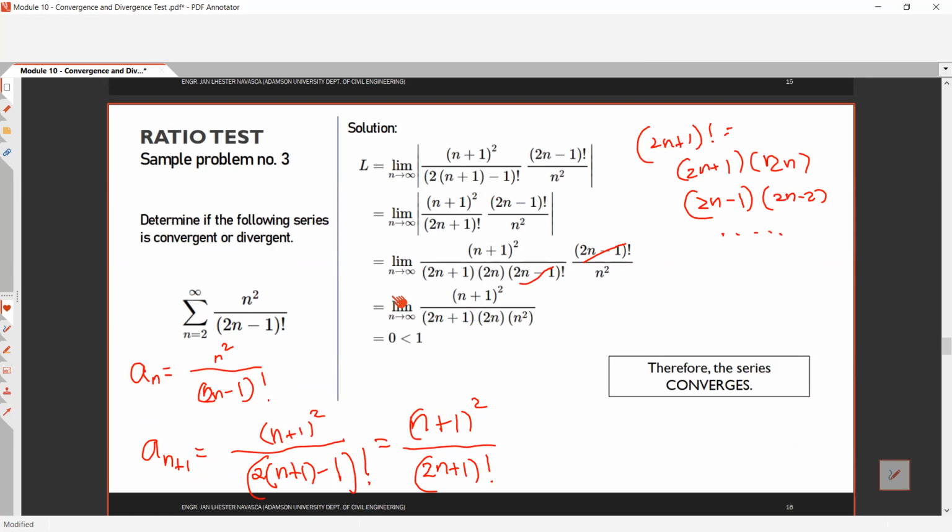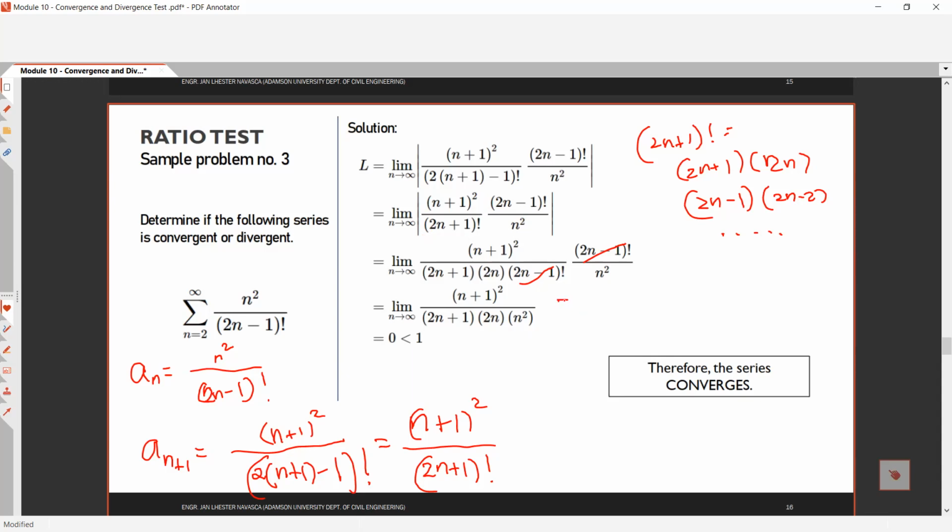Okay, so taking the limit of this series, that is 0 plus 1, that is infinity over infinity. Okay, this one is infinity. I think merong error dito. Hindi yata nasulat. Okay. Try ko nga dito.